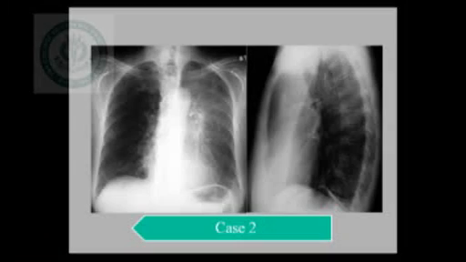Now this is case 2, where again you are able to see a diffuse increase in opacity of the left lung field, whereas the right lung is perfectly normal. You are able to see the aortic knuckle is well made out, and that means the aortic knuckle is a posterior structure, but the left heart border is a little obscured by the opacity.